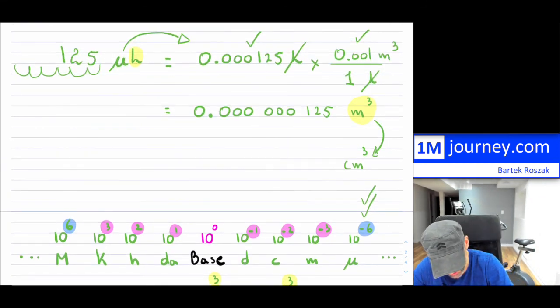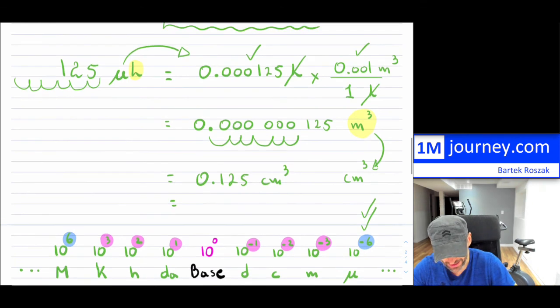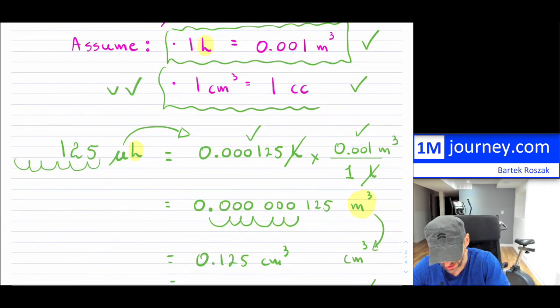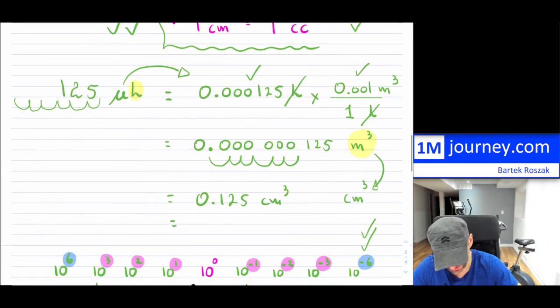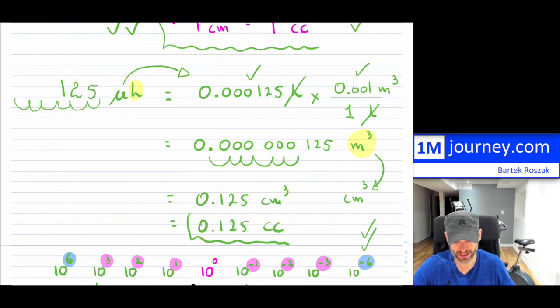We're going to the right, so it's going to be 1, 2, 3, and then 1, 2, 3. So this actually brings us to 0.125 centimeters cubed. But wait a minute, a centimeter cubed is 1 cc. So these are equivalent. So this is 0.125 cc's, and that would have been your final answer.